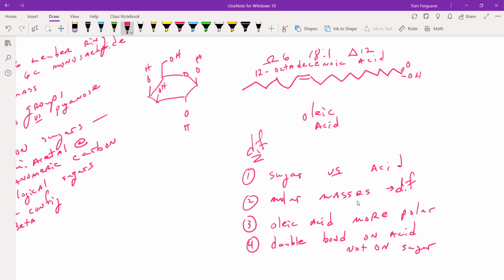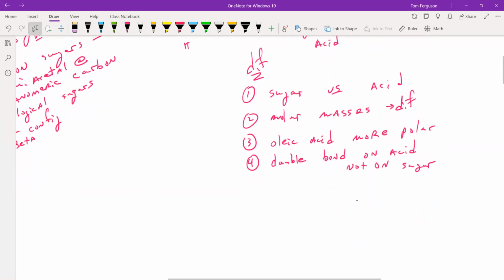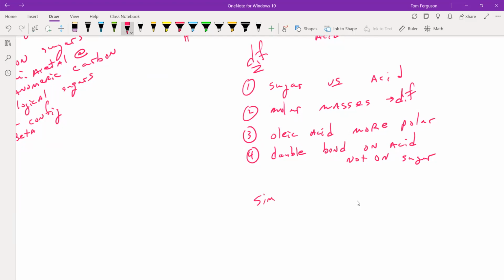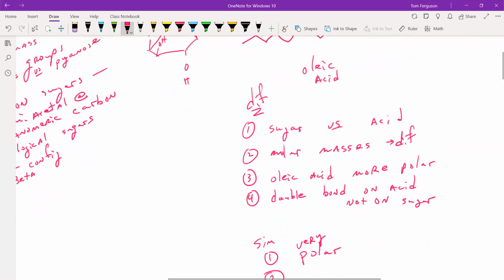Okay. Any other differences you guys can see? Okay, let's look at similarities. They're both very polar. The sugar is more polar than the acid, just because the acid has that long tail.